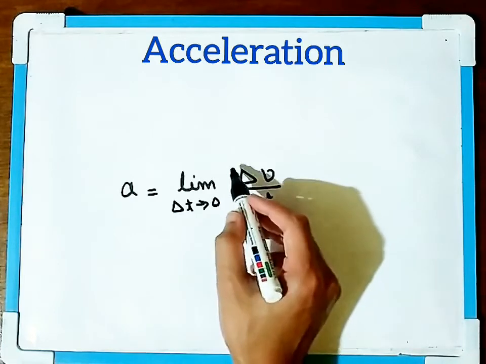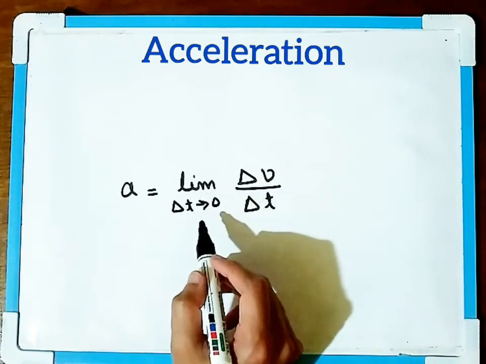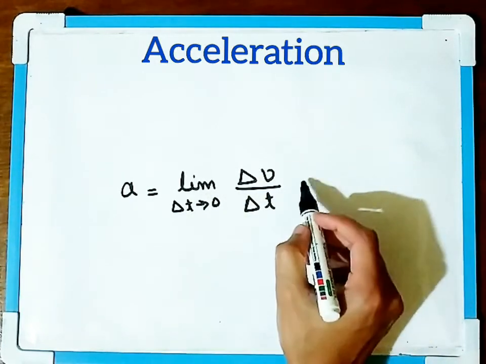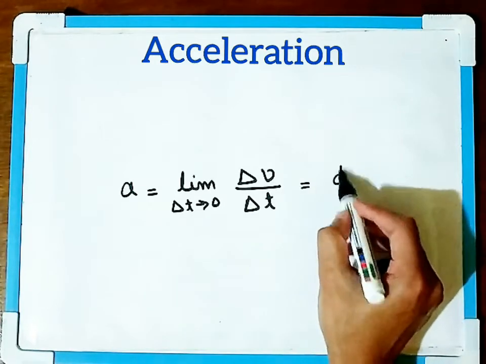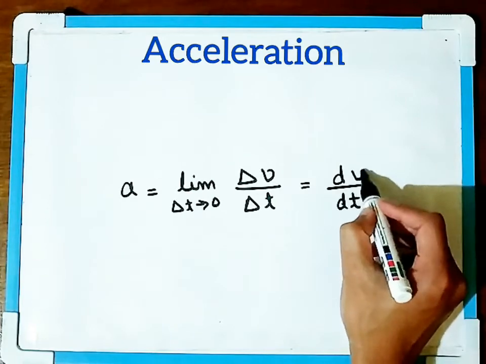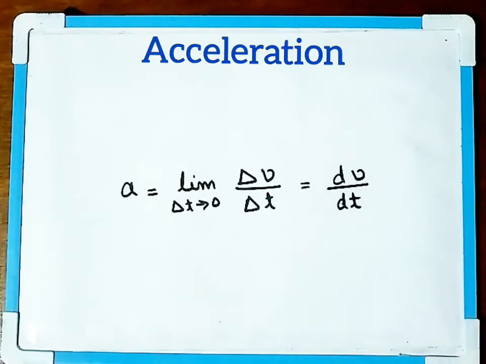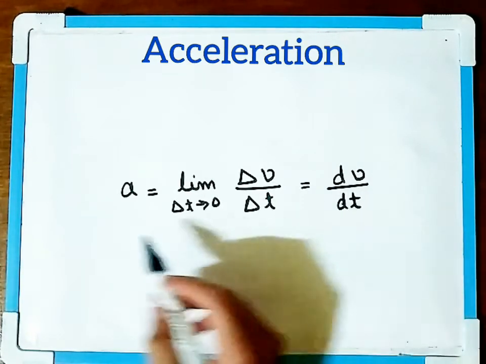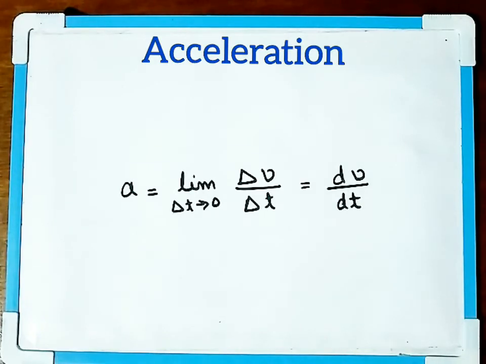So it's the limit of this average acceleration as the time interval tends to 0. And this is written as dv by dt, the derivative of the velocity with respect to time. So that is the instantaneous acceleration.